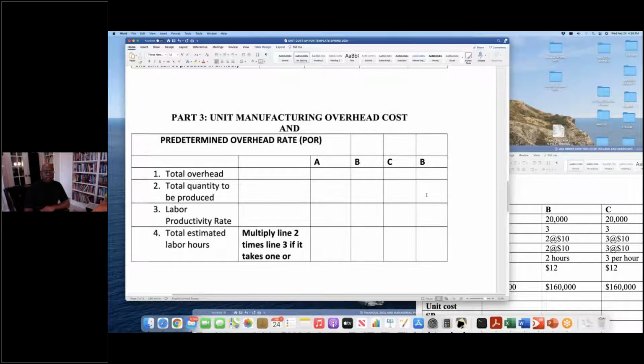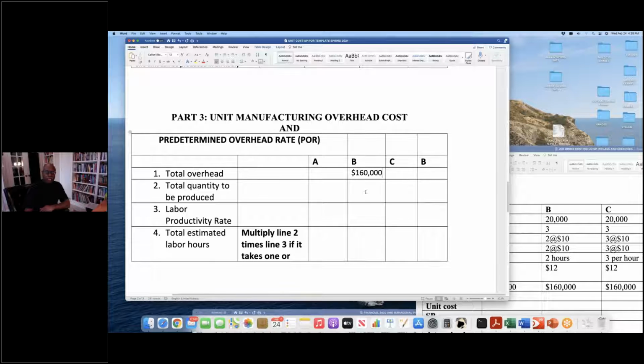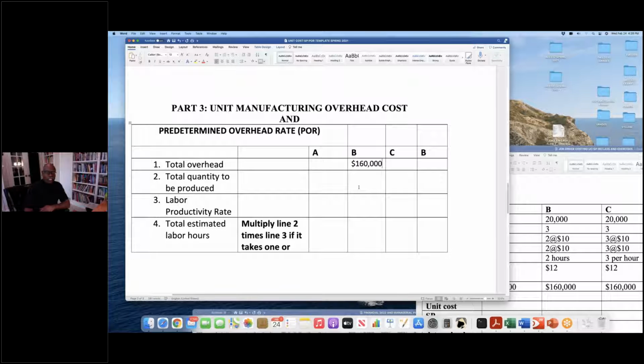Now we're ready for overhead. What's the total overhead? 160,000. The quantity is 20,000, and our labor productivity rate is 2 hours. So the total hours to make it is 40,000 hours.